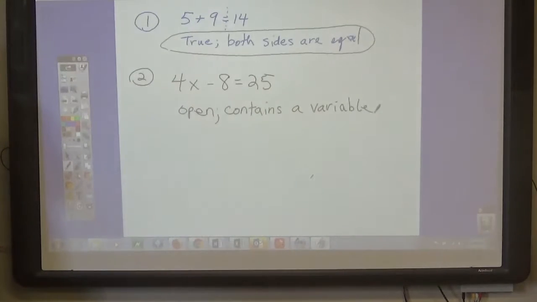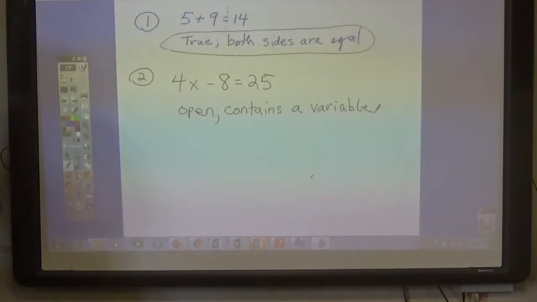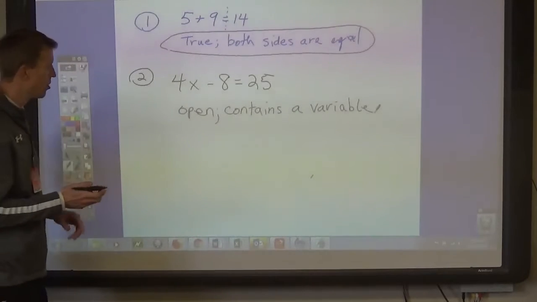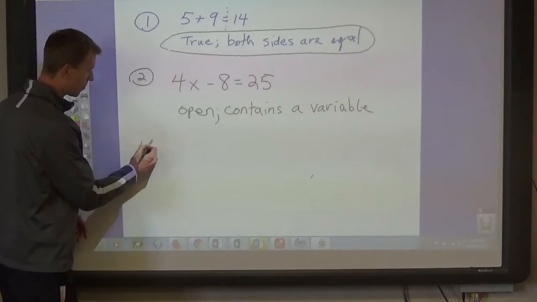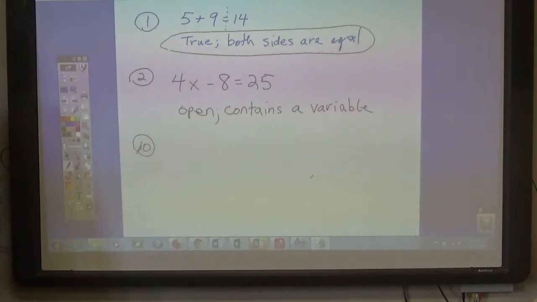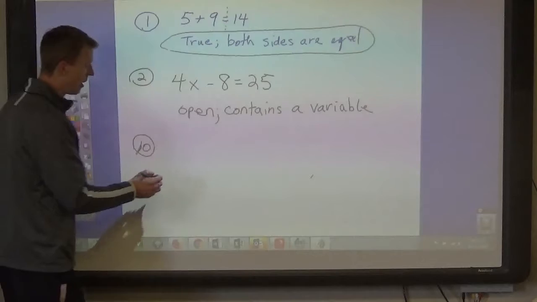Let's go on to number 10. Number 10 says, write an equation for each sentence. State whether the equation is true, false, or an open sentence. So we've done these before, where you take the words and put them into an expression or an equation. Number 10 says, 4 times the opposite of 5 equals negative 20. So we have to break this down.